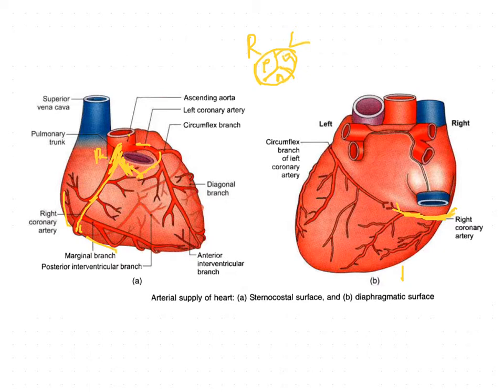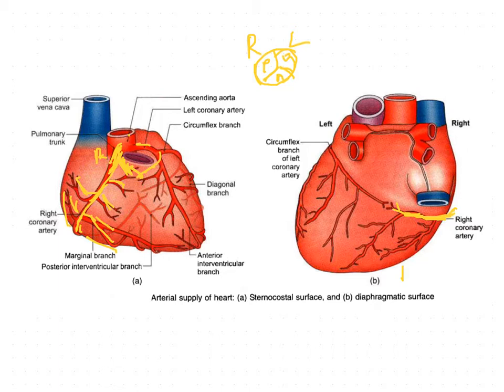After that it gives some branches to the atrium, that is the atrial branches, and some ventricular branches. Okay, and on this course it gives a large branch called the marginal branch.